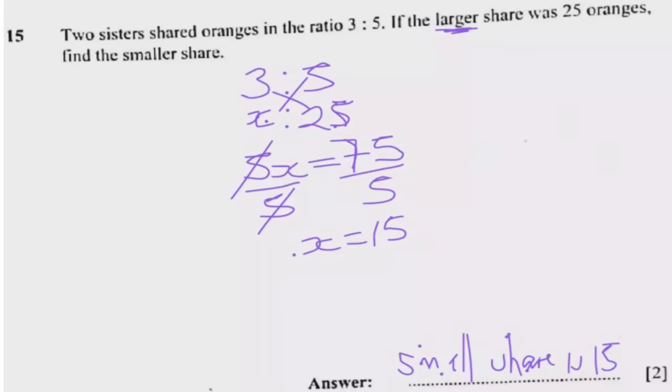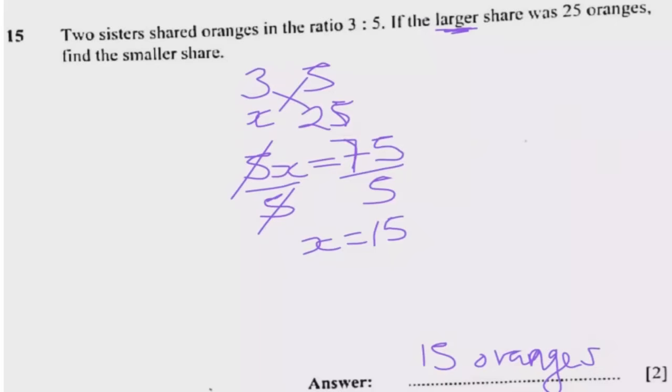Or what you can do is, you don't write this, you can just say your answer is 15 oranges. That's all. The question is definitely clear. Find the smaller share. So when you write 15 oranges, the markers will know that this is the small share. Okay, so the correct answer is 15 oranges.